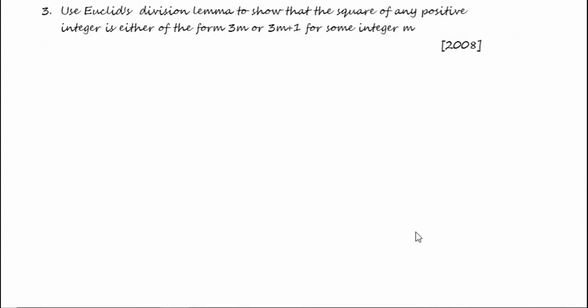Next problem. Use Euclid's division lemma to show that square of any positive integer is either of the form 3m or 3m plus 1 for some integer m. Now let a be a positive integer and b, let b equal to 3.